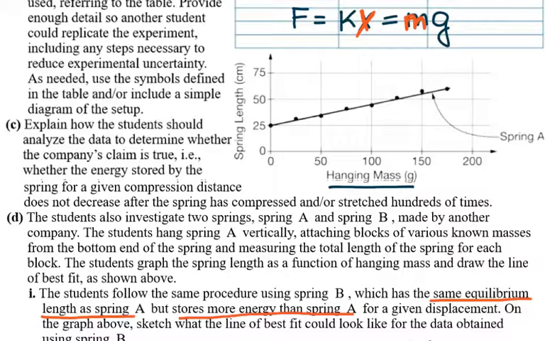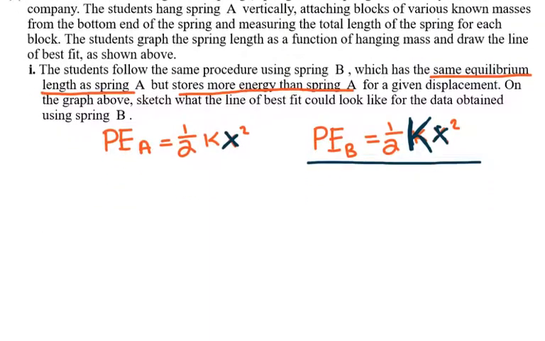I could rewrite this formula as x is equal to g over k times m, and this is my slope. So I have y is equal to mx plus b. My b, the y-intercept, is 25 here, but I need the stretch of the spring. So g over k is my slope. And from this equation, I see that B must have a larger k.